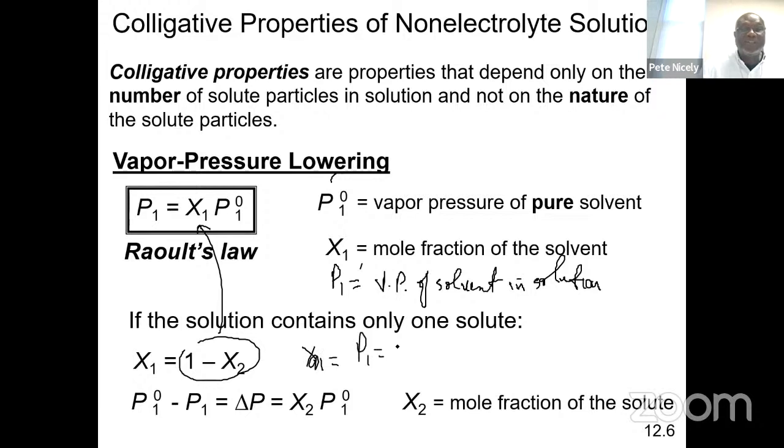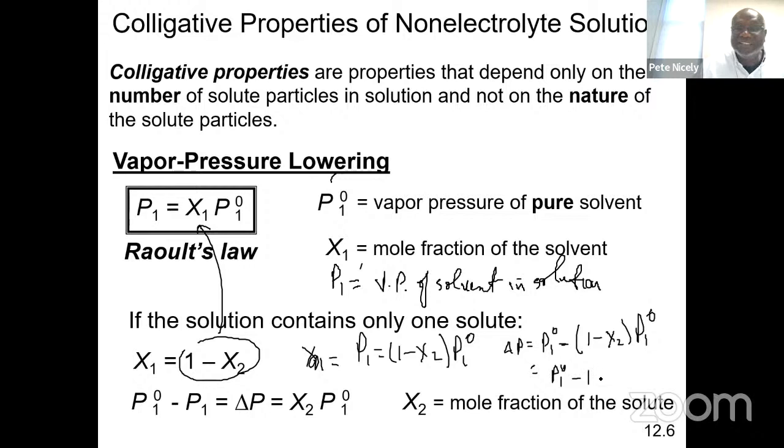P1 will be equal to 1 minus X2 times P1 0. And therefore, delta P, hope I have enough space here, will be equal to P1 0 minus 1 minus X2 times P1 0, which is equal to P1 0 minus 1. Okay, this is getting out of hand.